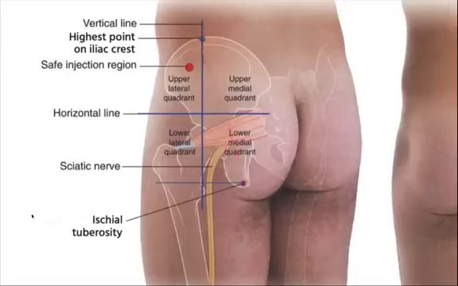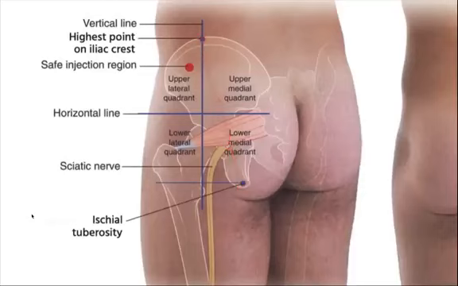Okay, again, first thing, you need to draw 2 lines. First line should be from the highest point of the iliac crest to the ischial tuberosity, and you can make a point just below the piriformis muscle. That's point 1.